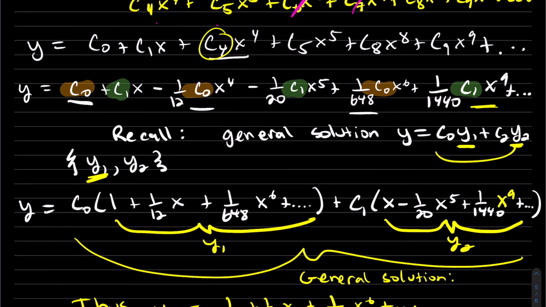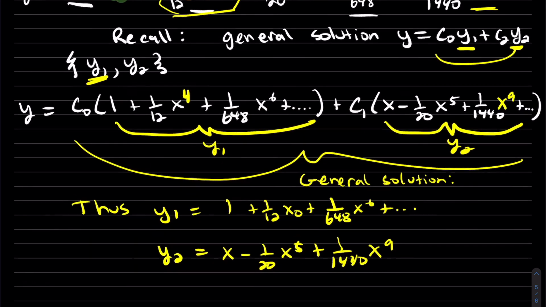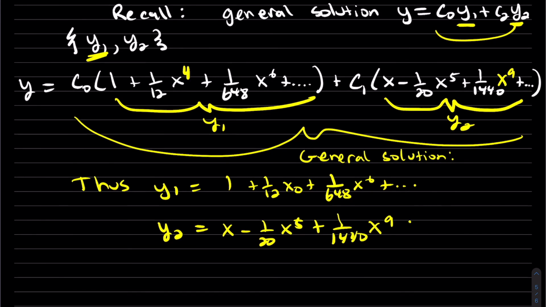And that's also x to the 4th. Factor out the C naught, and it's x to the 4th. They're both infinite series. And that's pretty much how you do it.